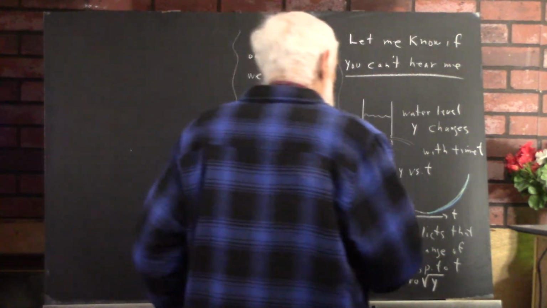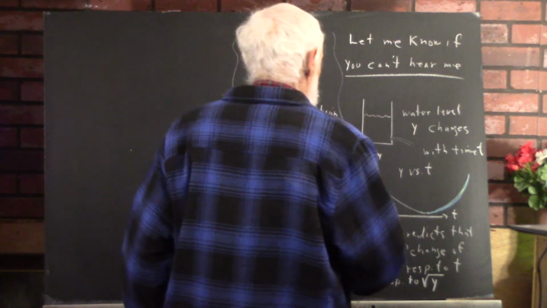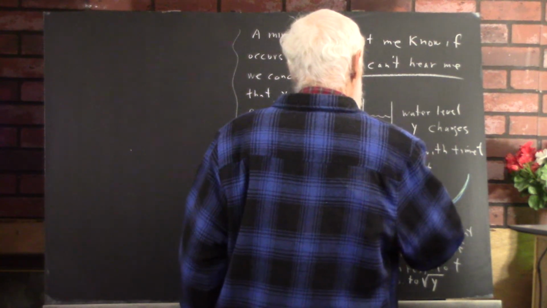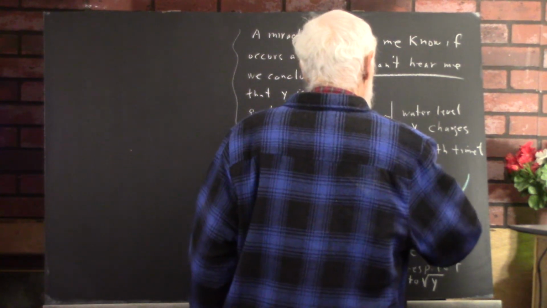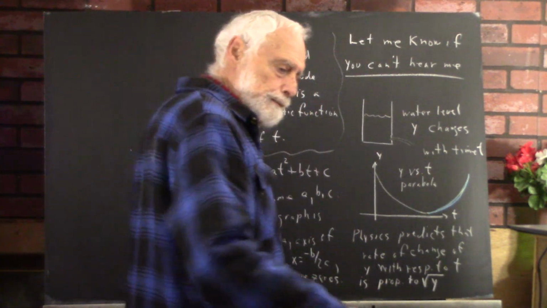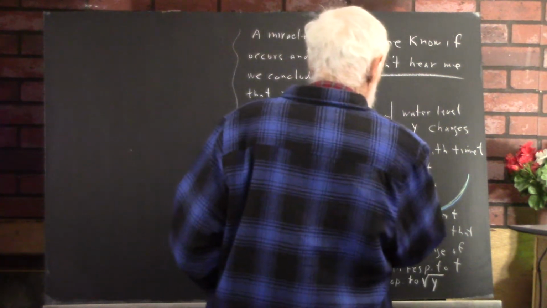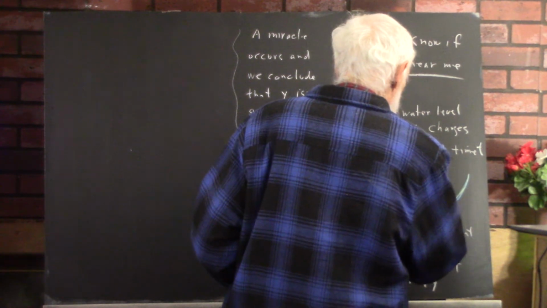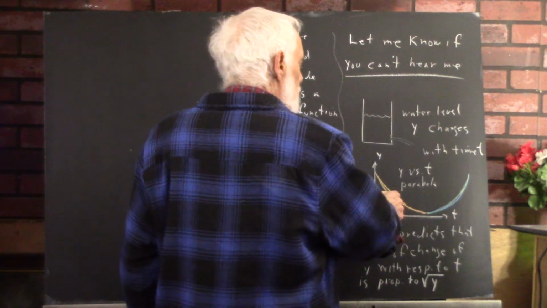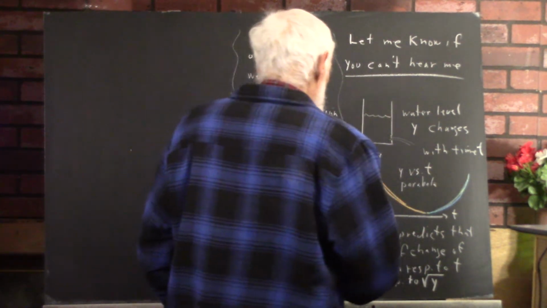Okay, so this part of the parabola, this color shows up well. Well, that's kind of bad, but okay. This part of the parabola models the water level.